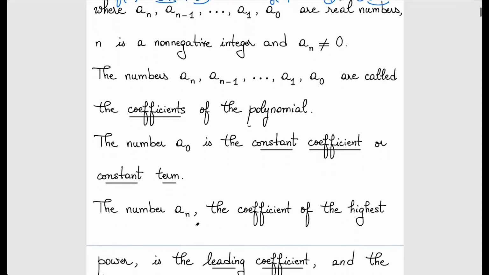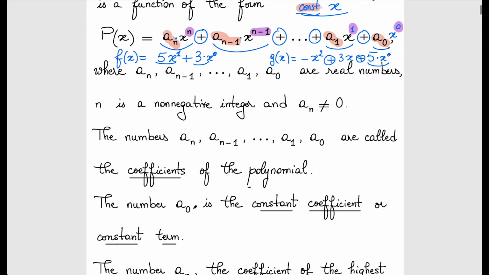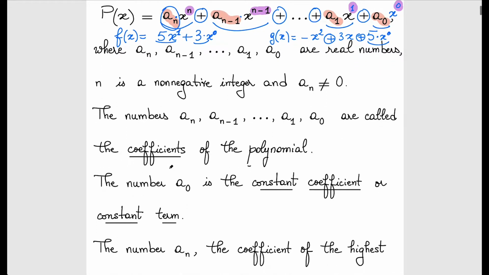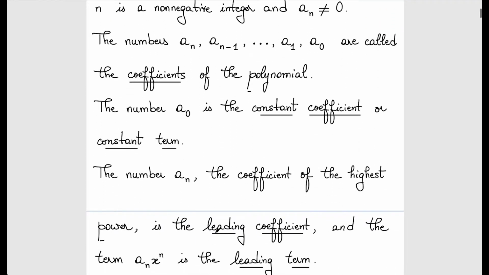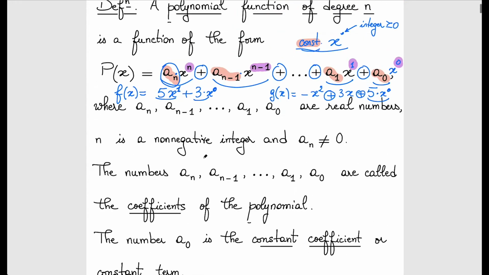All right, and the number a sub n, who's a sub n? It's the coefficient of the x to the n term. So what's the name of this one? It's called the leading coefficient. It's leading in the sense that it's the coefficient of the highest degree term, right?